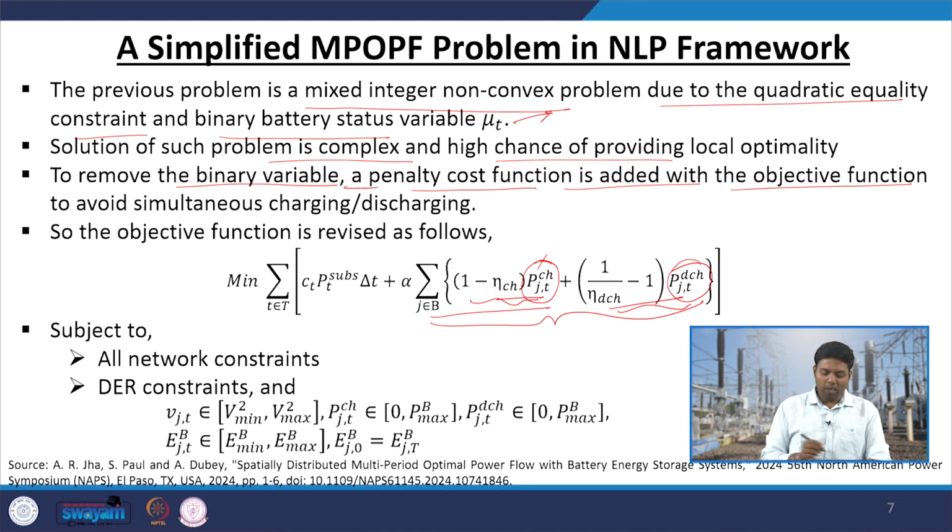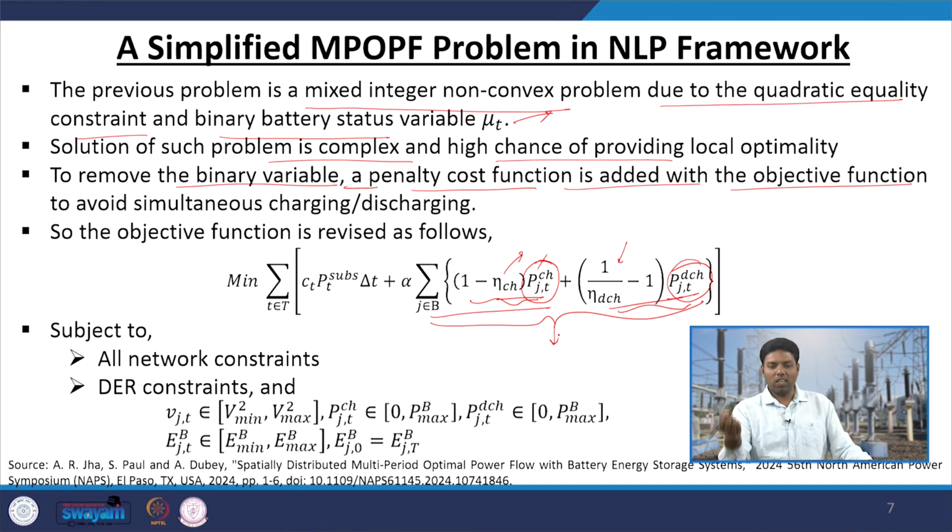Okay. So, that means there is a penalty whenever you charge, and there is a lesser penalty, or a reduction of the penalty cost, whenever there is discharging. So, simultaneously one function cannot increase and reduce together. This value can either be increasing or decreasing.